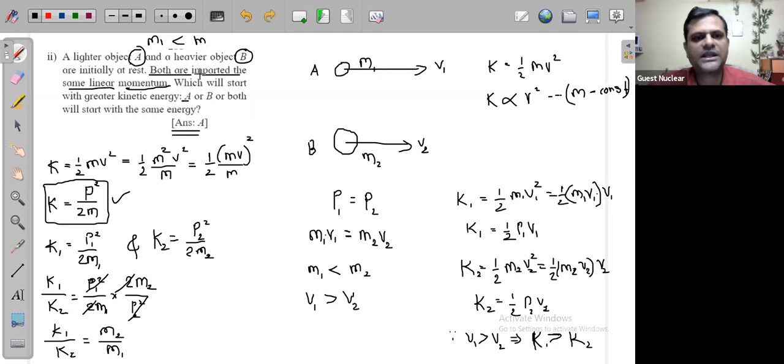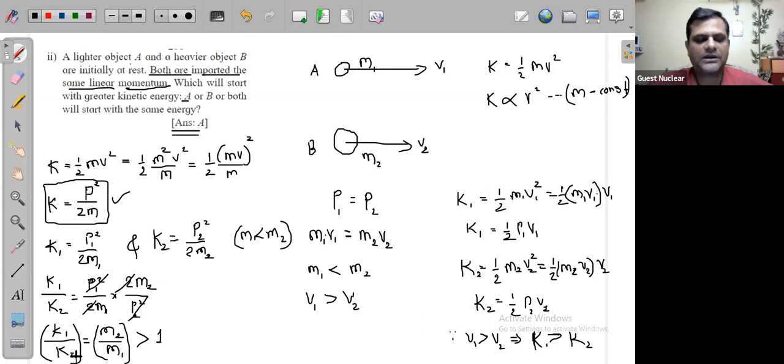So M1 is less than M2. ये तो इसमें से clear हो गया. अगर M1 less than M2 है तो यहाँ पे numerator बड़ा है और denominator छोटा है, that means the ratio must be greater than 1, right? So the ratio of M2 to M1 will be greater than 1.